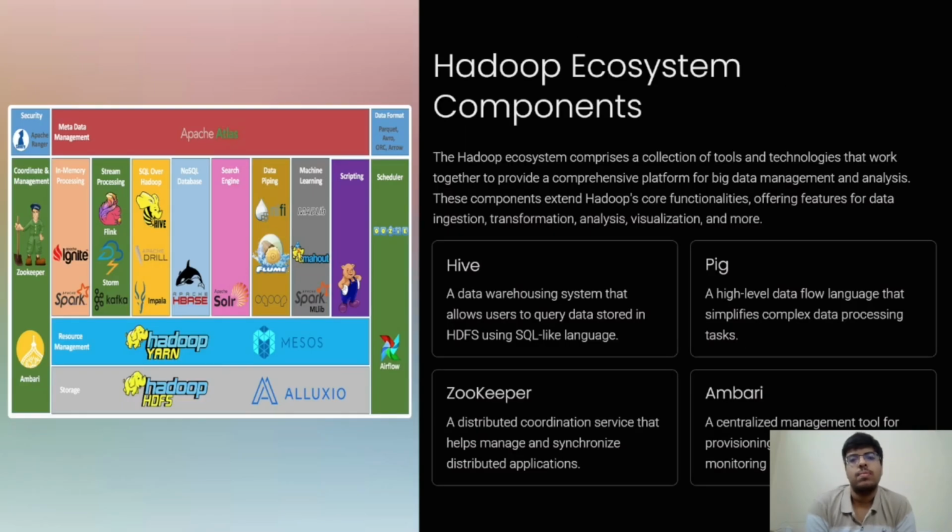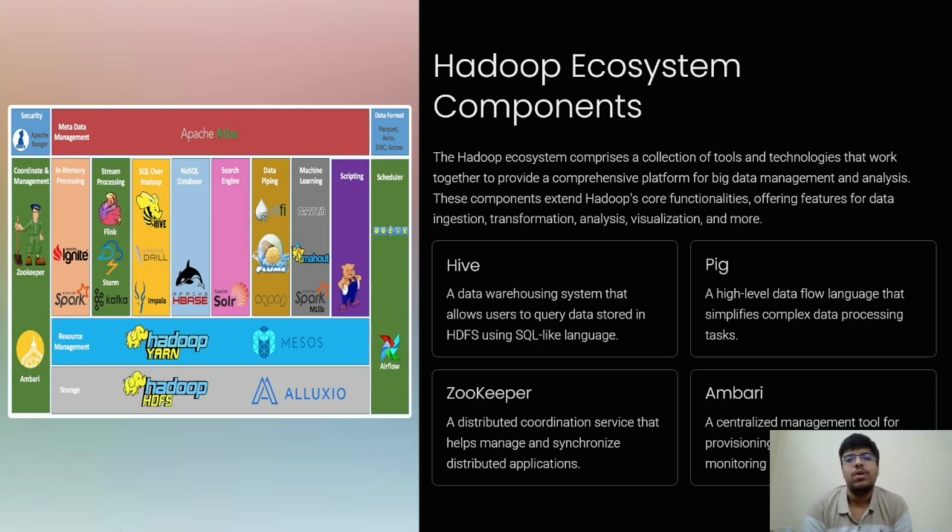Now we have to see about the Hadoop ecosystem components. These are a collection of tools and technologies which normally work together to provide a platform for big data management. Here we have four major components. First is Hive, which is a data warehousing system which allows you to store your data in a query-like format. Next is Pig.